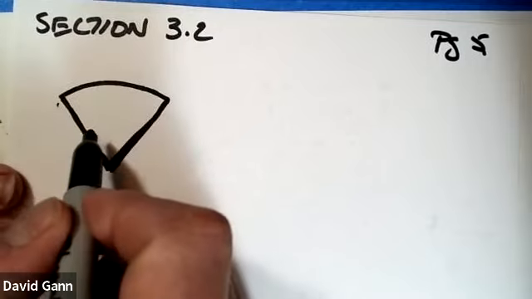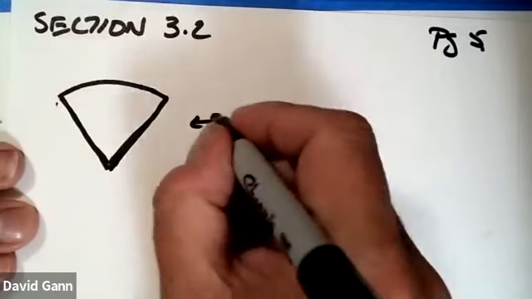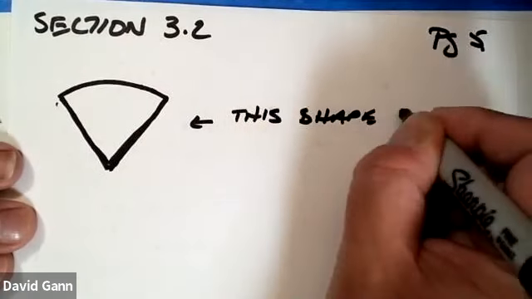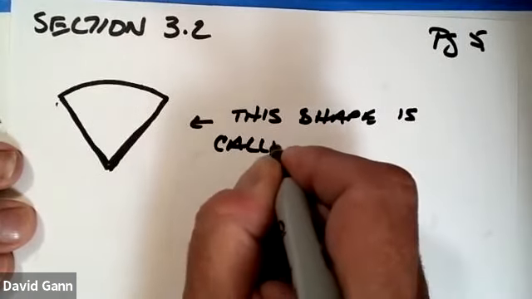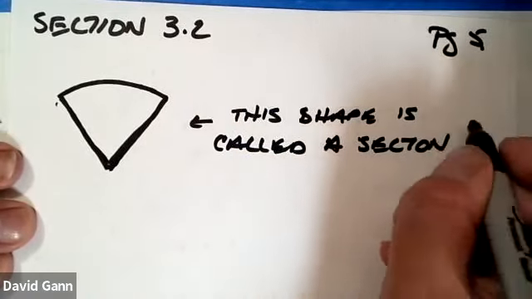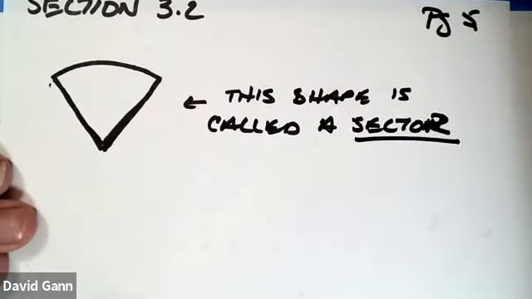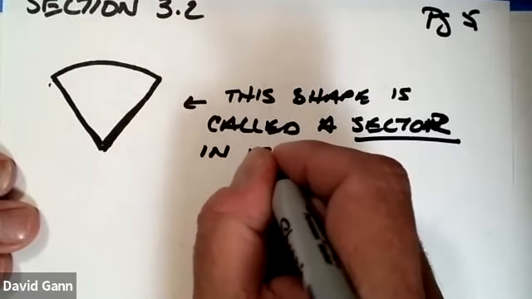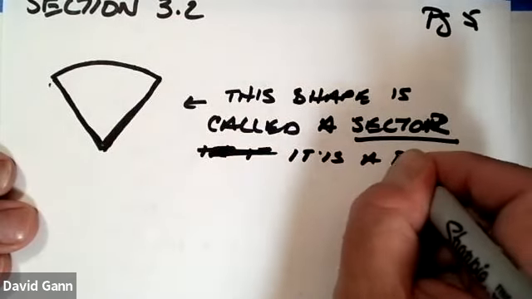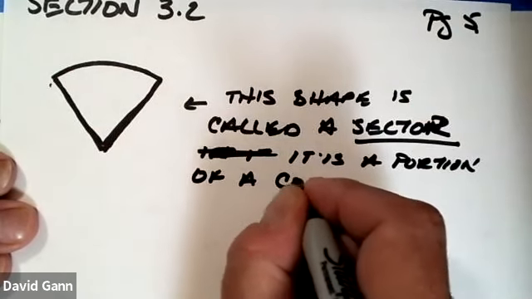So this whole area, this shape, is called a sector. It is a portion of a circle.